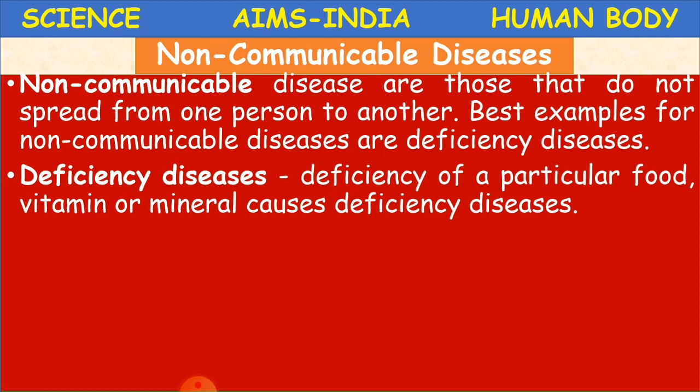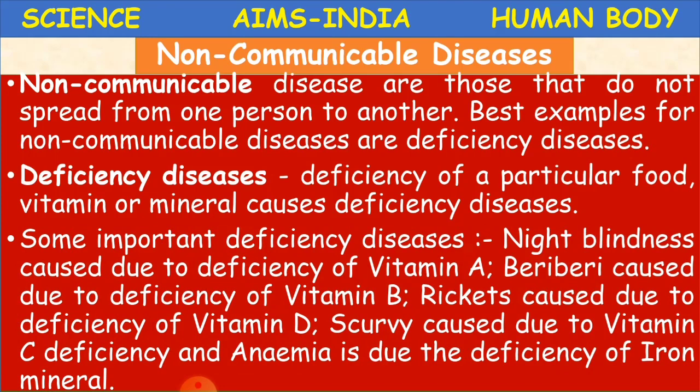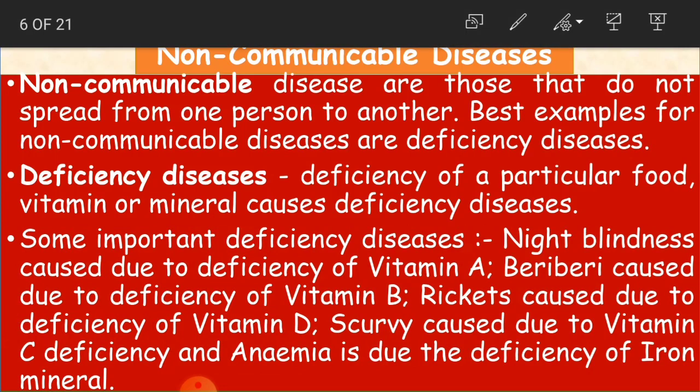So when there is a deficiency of a particular food component, vitamin or mineral in our body, then we may be attacked with some diseases because of the deficiency. That is why we call it a deficiency disease. Clear, children?